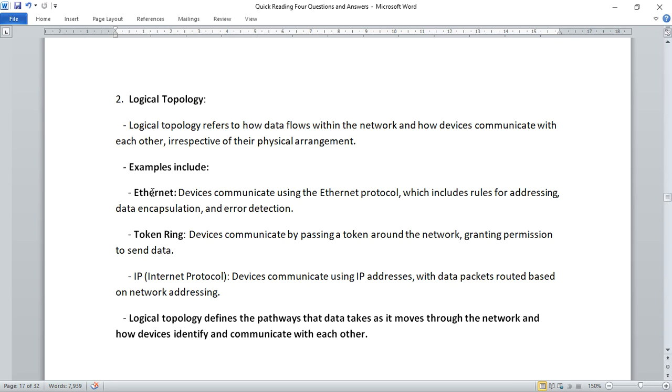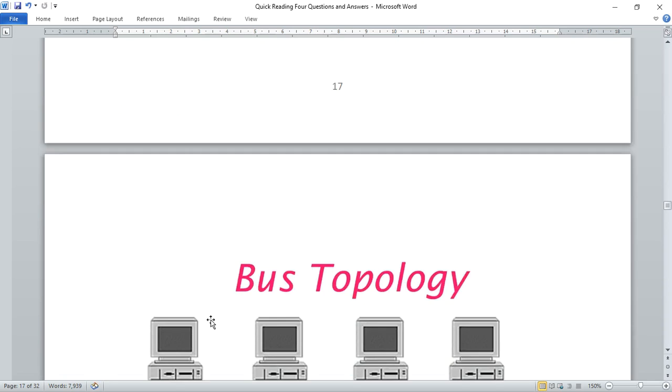If the address is not his or hers, then it releases it to the next machine, that is the token, until it reaches the destination. Then we have the Internet protocol here. Devices communicate using IP addresses.